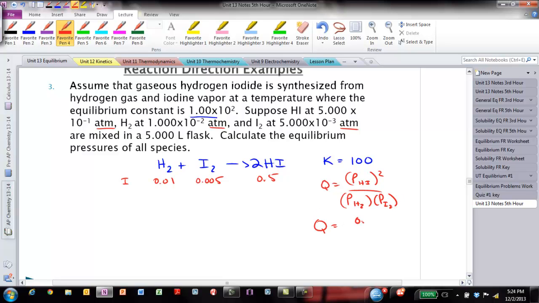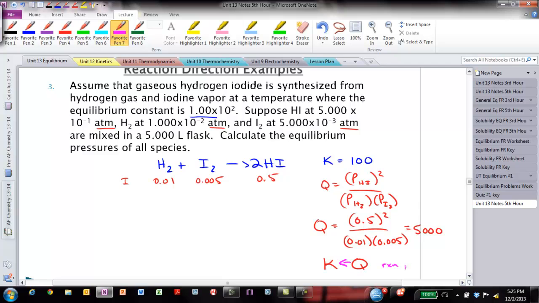So my Q is 0.5 squared over 0.01 and 0.005. This comes out to be 5,000. So if I compare my Q and my K, Q is much larger than my K, so the reaction goes to the left.